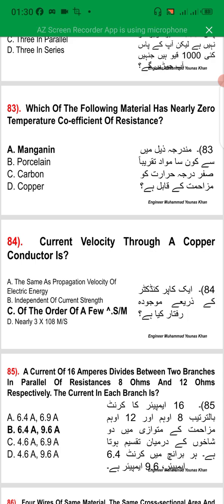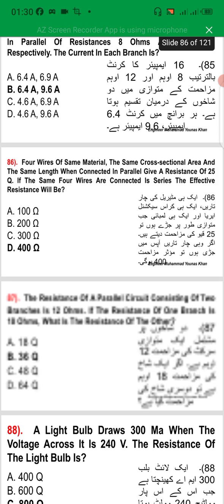Manganese. Current velocity through a copper conductor is of the order of a few mm per second. A current of 16 amperes divides between two branches in parallel of resistance 8 ohms and 12 ohms respectively. The current in each branch is 6.4 ampere and 9.6 ampere.